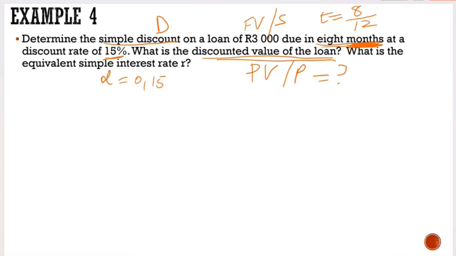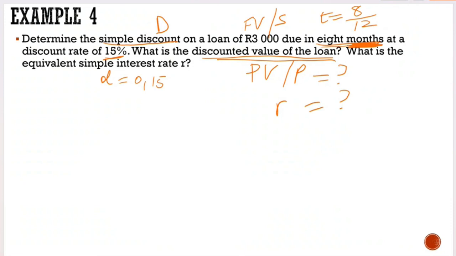Okay, you are asked 2 things here. You are asked first to get a simple discount, and also you are asked to get an equivalent.